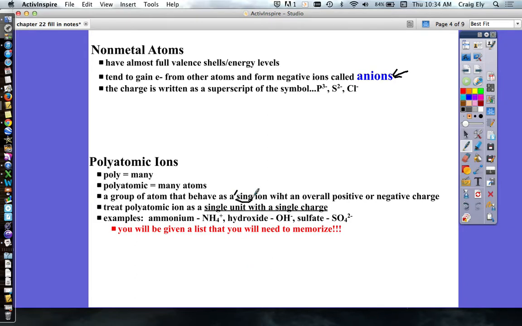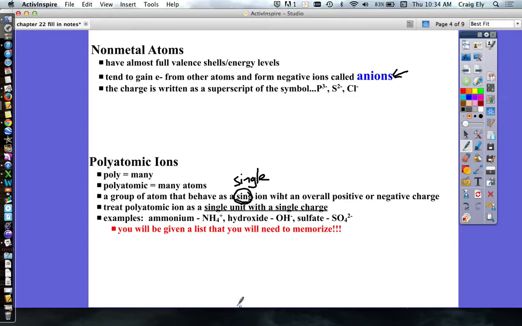Oops, this right here is a typo. That should be single. So they act as a single ion that has a charge. So they can either be positive ions or negative ions. All right. So we treat them just as a single charged ion.